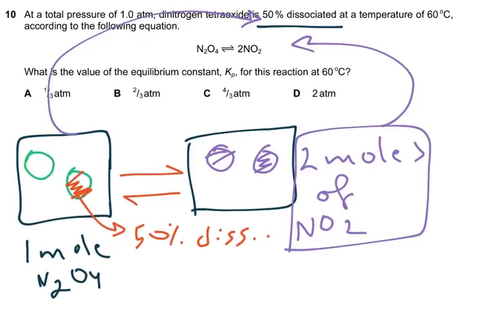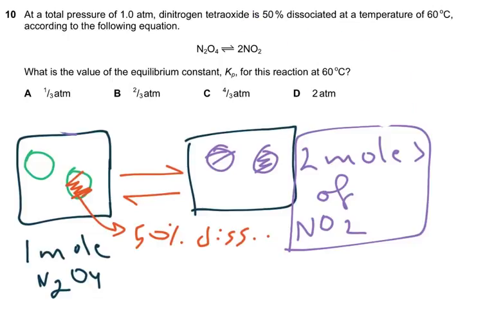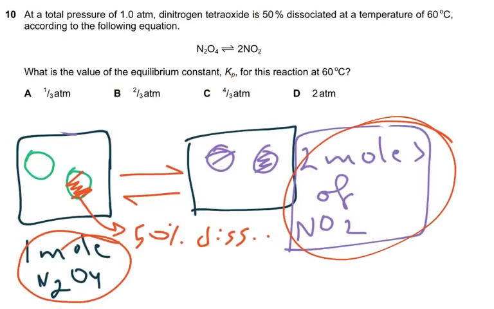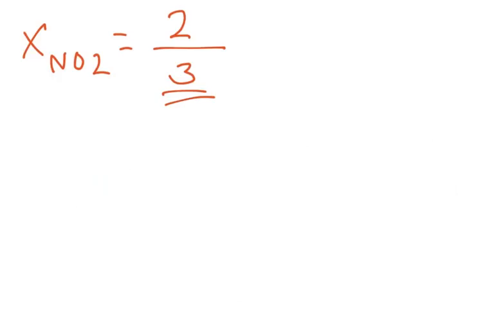So, just to recap, we have 1 mole N2O4 at equilibrium. I'm going to draw a red line around it. And we have 2 moles of NO2 at equilibrium. This makes XNO2 equal to 2 over 3. The 3 comes from 2 plus 1 is equal to 3. This is 2 and this is 1. And XN2O4 would be equal to 1 over 3.